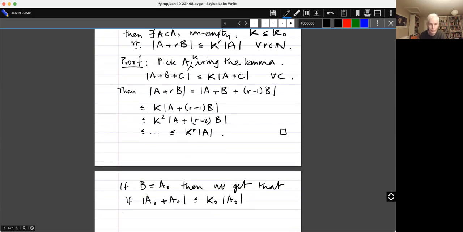Then rA naught, the size of, is less than or equal to k to the r, or k naught to the r, because k is less than or equal to k naught, I'll stick with k naught to the r, times the size of A naught.